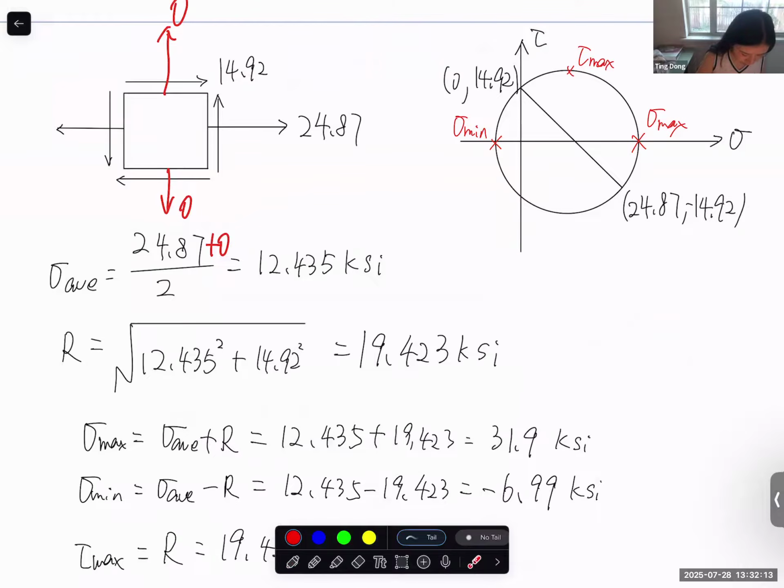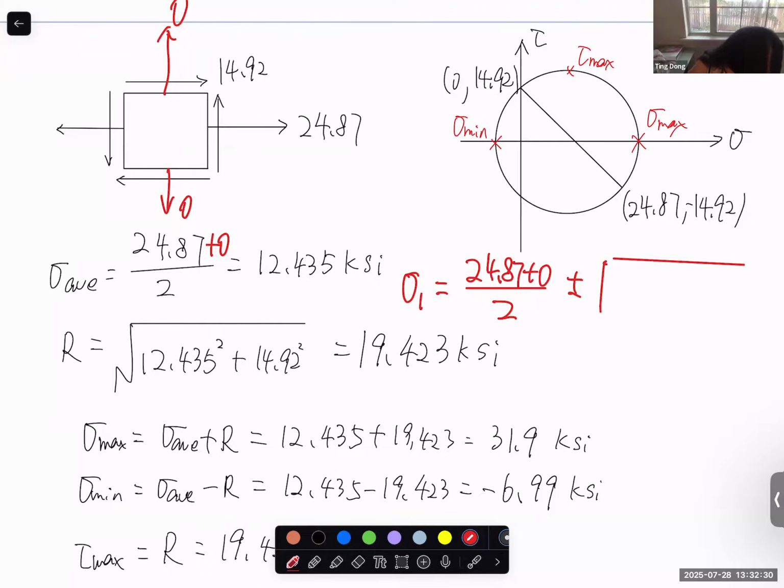And let's write it. It's exactly the same thing. Half of sigma plus 0, plus or minus the square root of the rest.